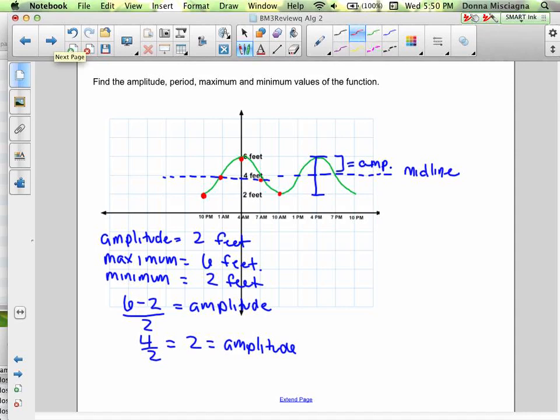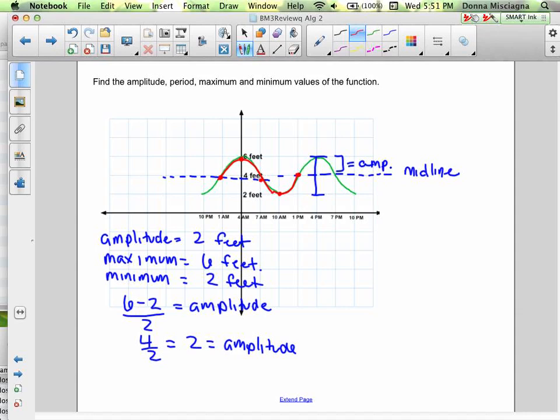And actually, I'm starting too far over. Not there, but here. So right here is one cycle of the sine graph. I should not have included that point because it was actually going back to its minimum value.